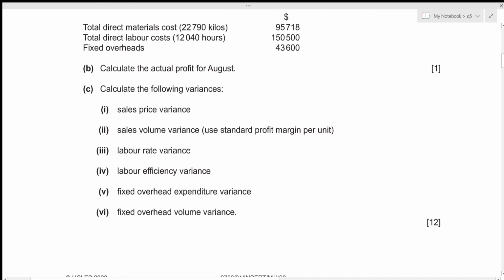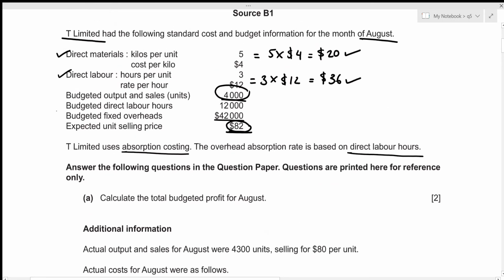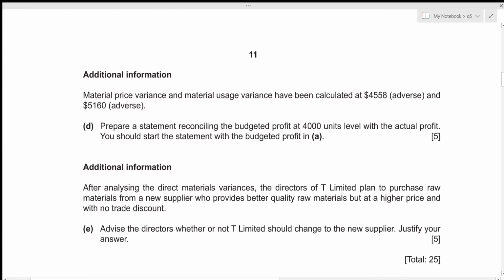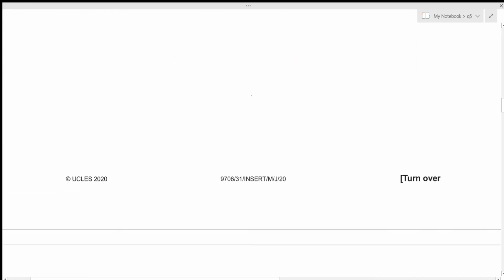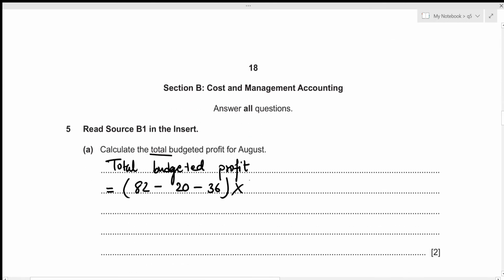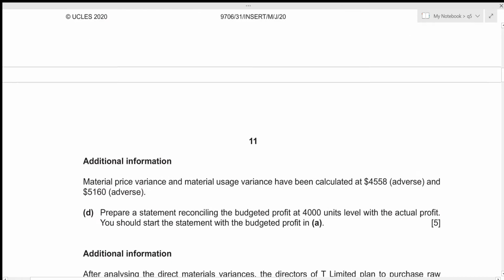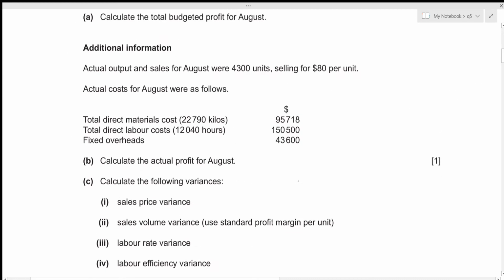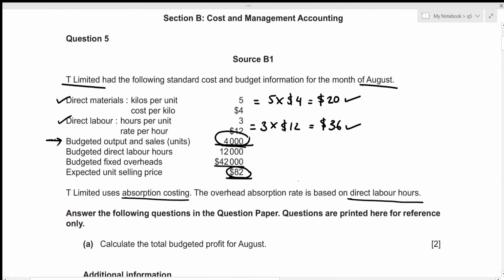So let's have a look above. We were told that the budgeted output and sales in units would be 4,000, which is our total production level. So let's multiply it with 4,000. And then the next step would be to subtract all of our budgeted overheads. And we know that budgeted overheads are not per unit, but rather reflect the total overheads for the month of August.